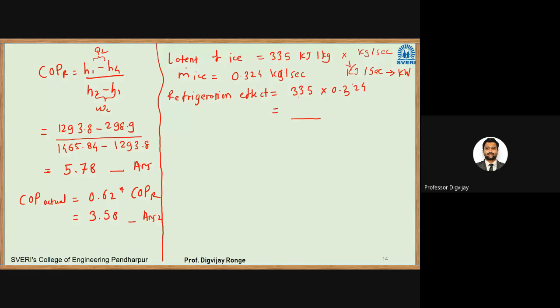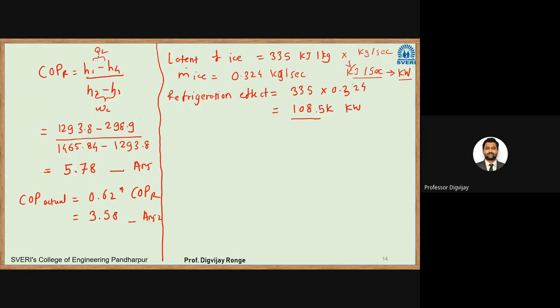So may I know the answer? So Sirsat has given the answer 108.54. So the unit will be kilowatt. So why is the unit kilowatt? I think you have understood here. If I multiply kilojoule per kg into kg per second, that will be kilojoule per second, which is nothing but kilowatt.